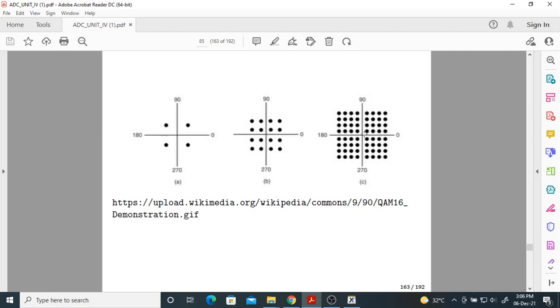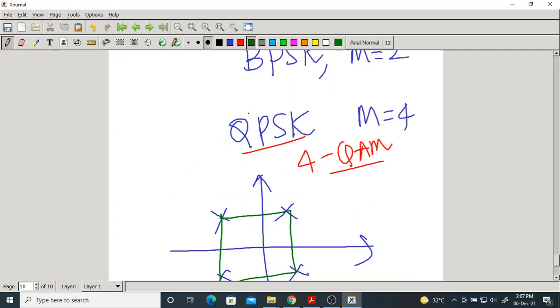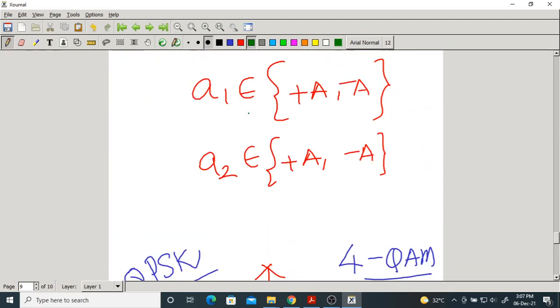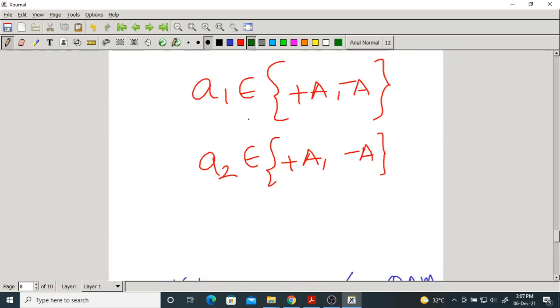This is a constellation of 64 QAM. So 64 means you have 64 symbols. They form a square grid. If you combine them, you get a square. It is a square constellation.